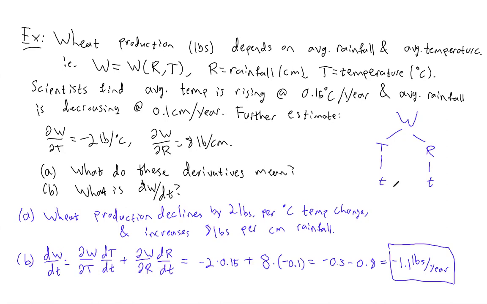The chain rule often comes into play with those kinds of analyses. Although, for the record, I don't actually think that temperature is increasing quite at that level. It's alarming enough as it is, but 0.15 degrees Celsius per year.